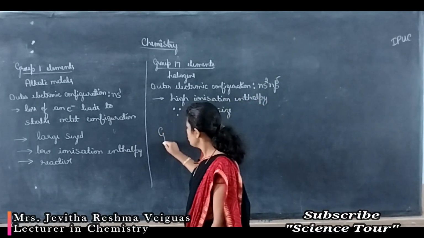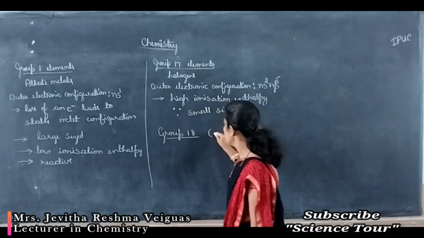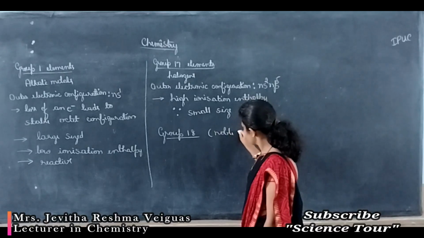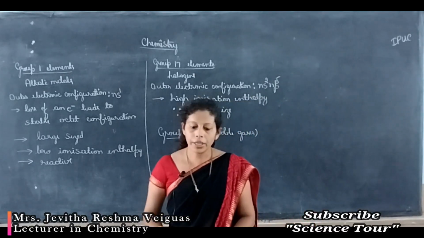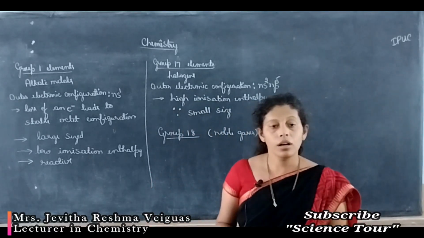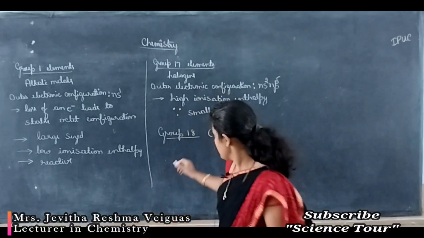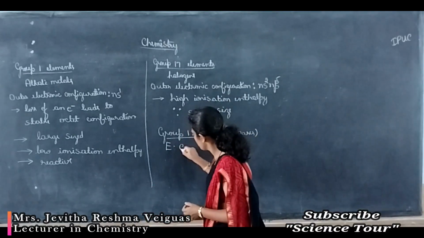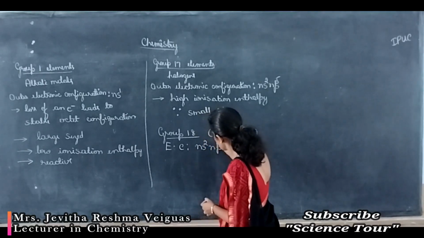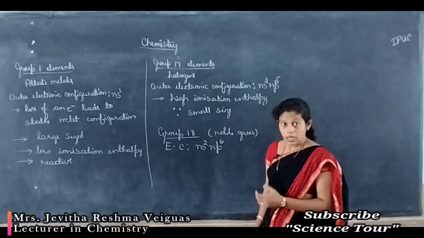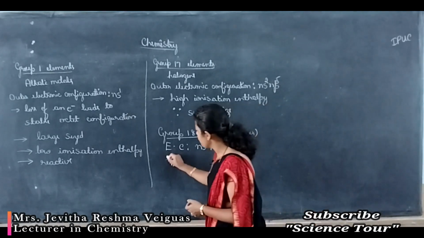If you consider the group 18 elements, group 18 elements are called noble gases. Noble gases already have a stable electronic configuration. That is, their electronic configuration is ns2 np6. Since they have a very stable electronic configuration, they do not prefer to lose an electron.